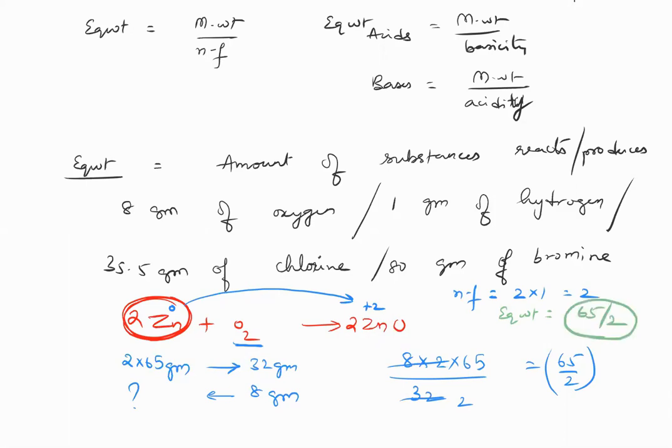You're getting the same exact answer. So instead of using the age-old definitions, we can use the modern definition and find the N factor. We no longer use the age-old definition. We prefer the modern definitions, so we don't have to bother much about the definition of equivalent weights.